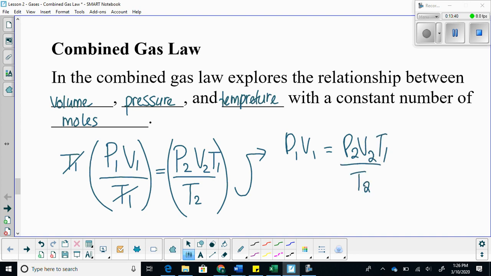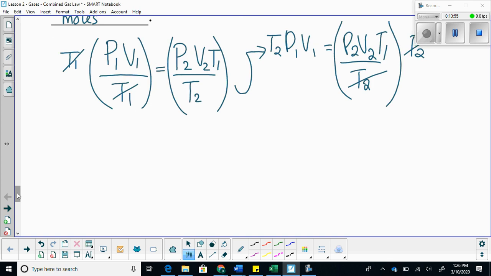Let's eliminate that T2 because, again, we don't like denominators. Multiply both sides by T2. T2 cancels out. The formula is P1 V1 T2 is equal to P2 V2 T1.